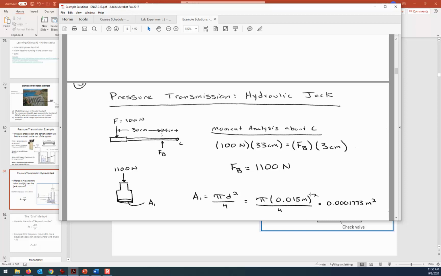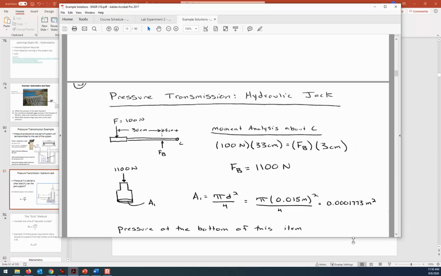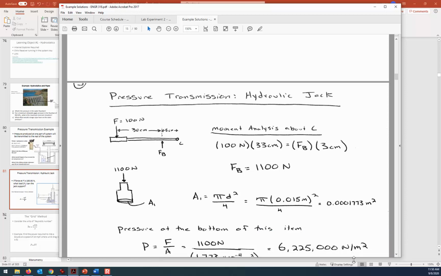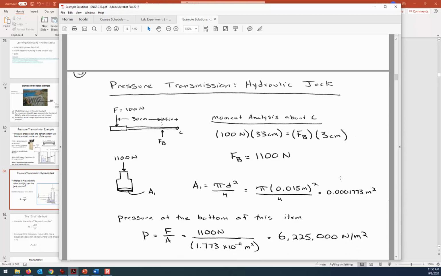We square it, multiply by pi, divide by 4. So now we've got the area in meters, and then we want to find out what's the pressure. So the pressure on the bottom is going to be the force acting over that area. So 6,225,000 pascals.